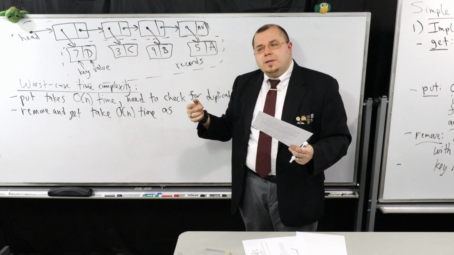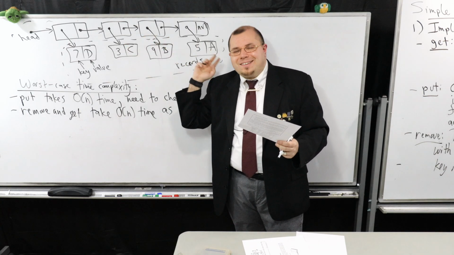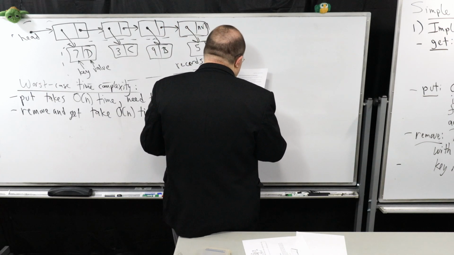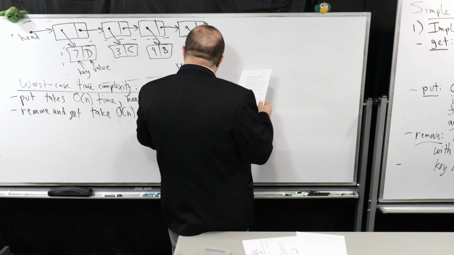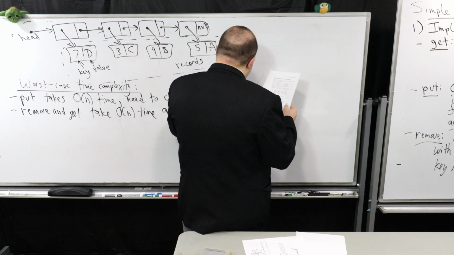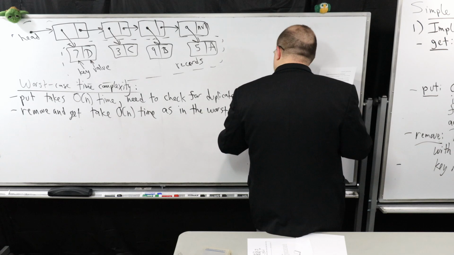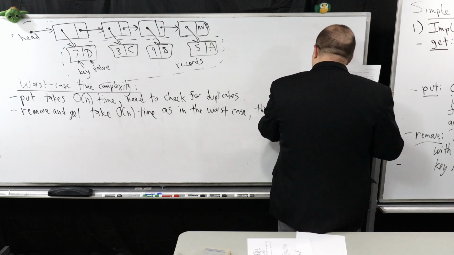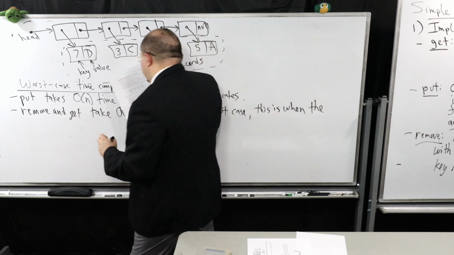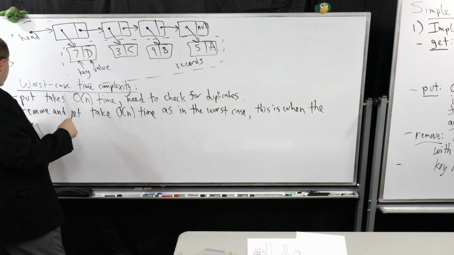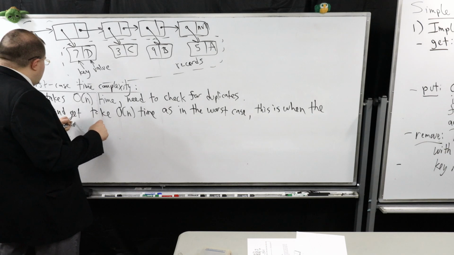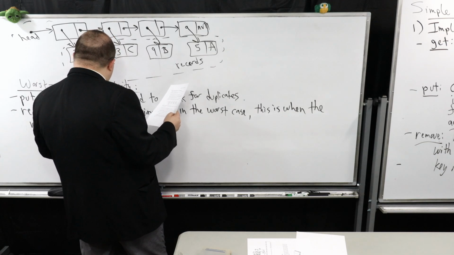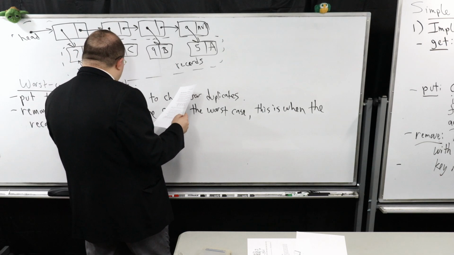To do a removal, in the worst case, in both cases, it may be the case that the record doesn't exist. This is when the record is not found, and I'll say this, just traversing the entire list.